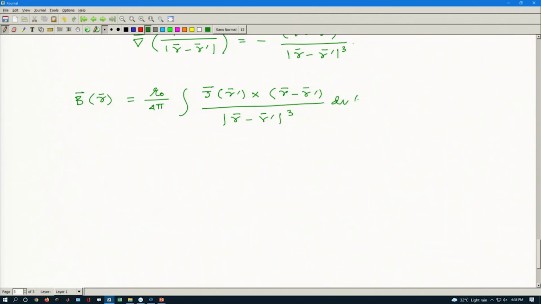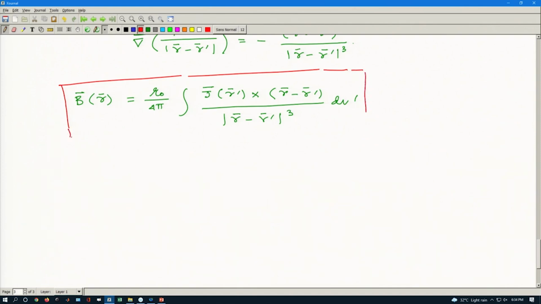So, this is nothing but the Biot-Savart law, using this volume current density. This is the form of the Biot-Savart law that we already stated earlier.